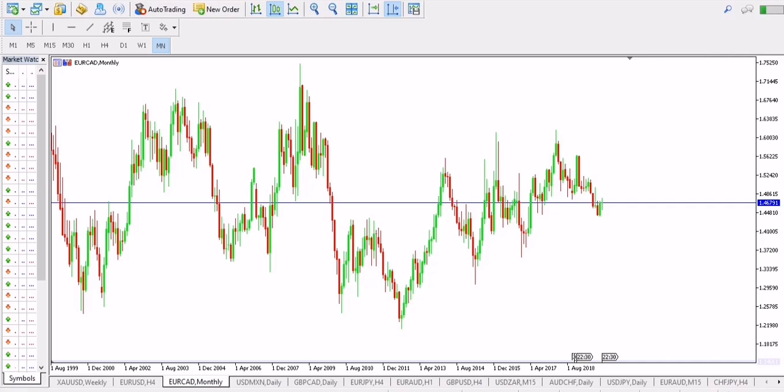I'll be analyzing Eurocad today on a monthly time frame and a weekly time frame. But first things first, I've been looking at this pair for quite some time now, and it's been obeying the trend lines that I had on it. So it has reached its support level.